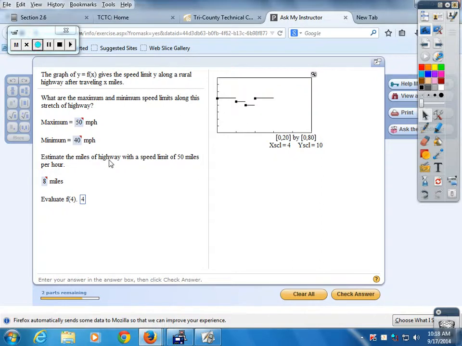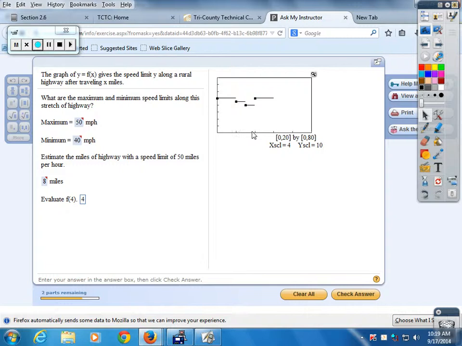Estimate the miles of highway with a speed of 50 miles per hour. Since the X scale is 4, each one of these is 4.